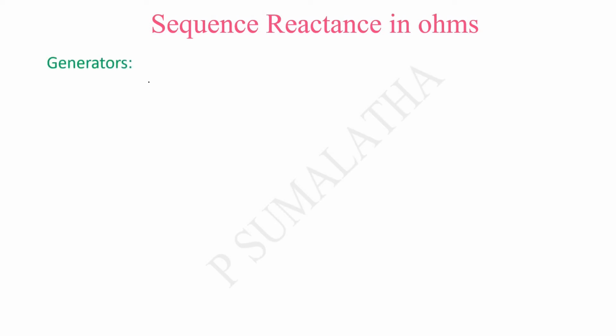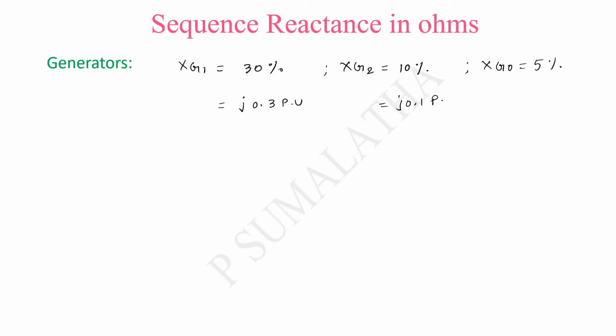For the generator, in the given problem they have given the positive sequence reactance as 30%, the negative sequence reactance as 10% and the zero sequence reactance as 5%. What does that mean? The percentage is nothing but the per unit value, which is equal to j0.3 per unit, j0.1 per unit and j0.05 per unit.